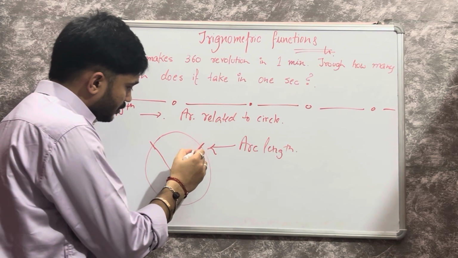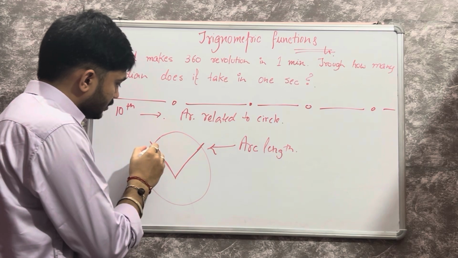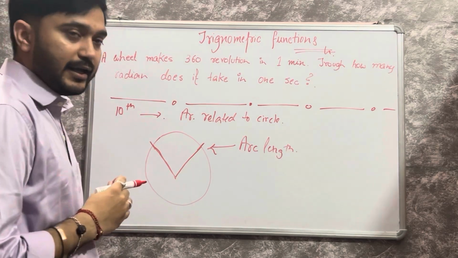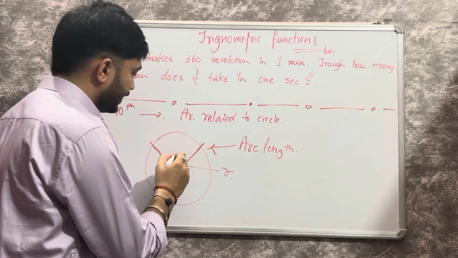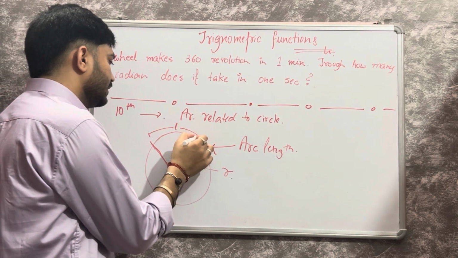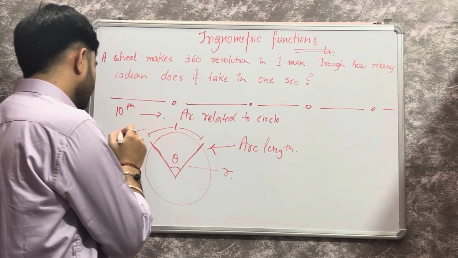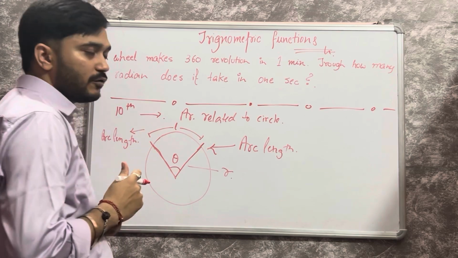If we have given an arc in the circle and the radius is given, the angle theta is given, then we are going to find the value L, that is arc length of that circle.